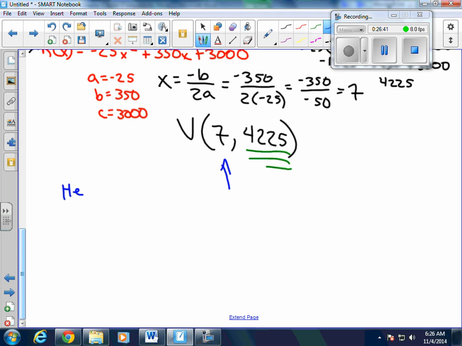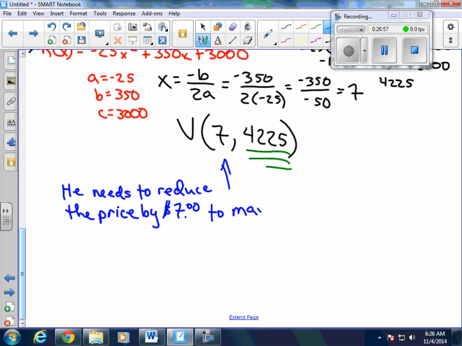He needs to reduce the price by $7 to maximize his profit at 4,225 bucks.